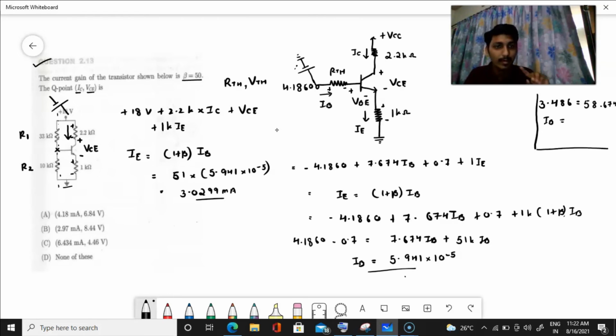We have got all the currents: collector, base and emitter. Now we substitute in the whole equation.